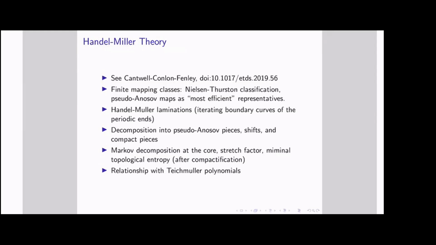In the pseudo-Anosov case, which is basically the generic case, we can realize this homeomorphism geometrically by literally writing down a surface map where we have this pair of singular measure foliations, and the map is just stretching in one foliation and shrinking in the other.